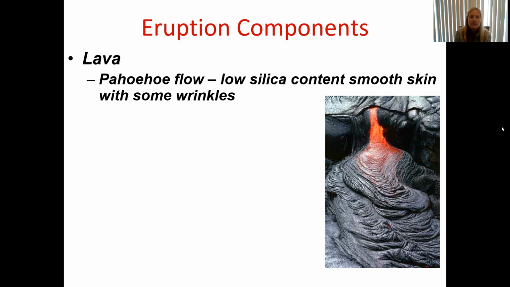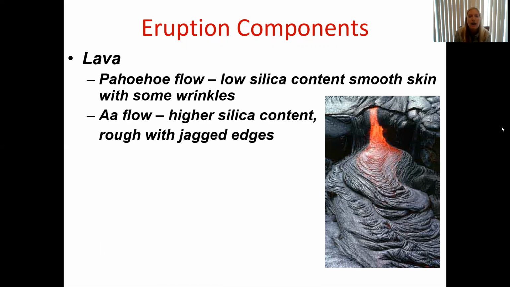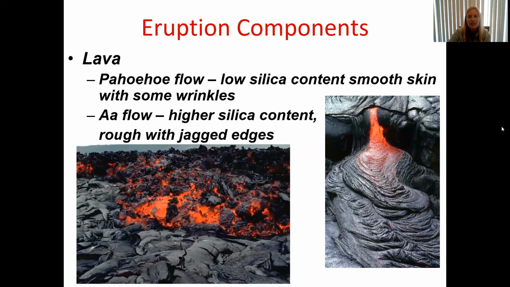Again, it gives us those wrinkles that we sometimes associate with lava. If that lava has a higher silica content, we call that aa flow. It has more silica in it, so it's not going to be nice and smooth. It's going to have more jagged edges.